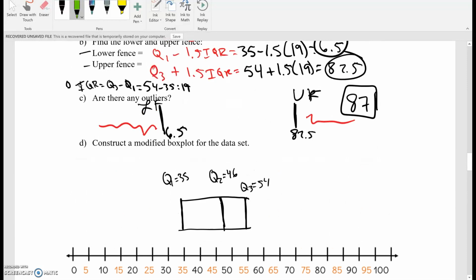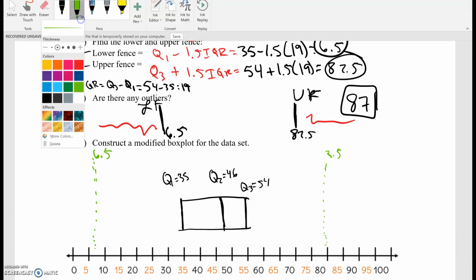So 6.5 is around here. So here's where my lower fence is at. My upper fence is going to be 82.5. 82.5 is somewhere around here. Okay, let's say that's 82.5.